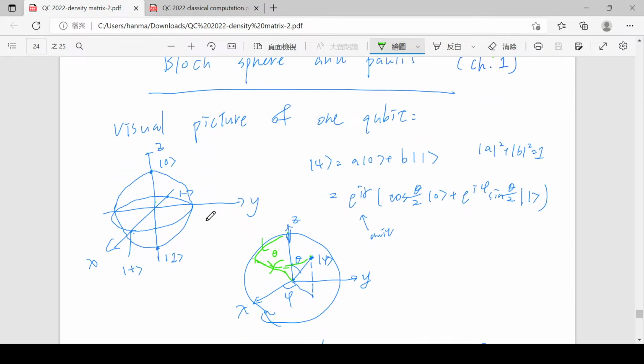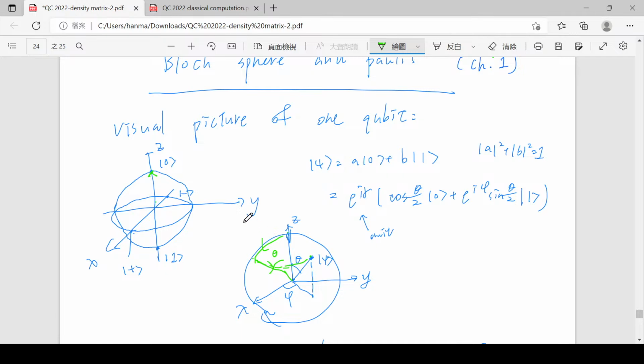For example, if your system is in the 0 state, then it's like you have a particle spinning in the up direction. Think about the Stern-Gerlach experiment that we talked about many classes ago.